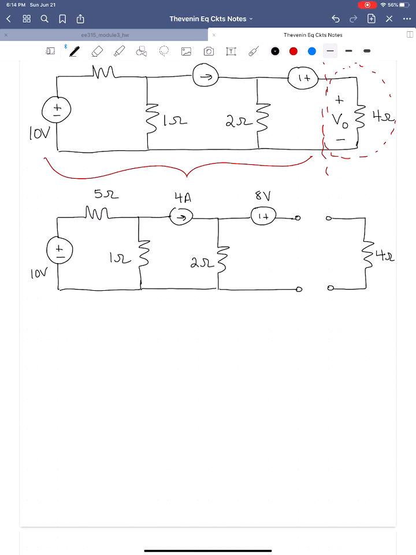Okay, so this is our circuit network. And this is our load.